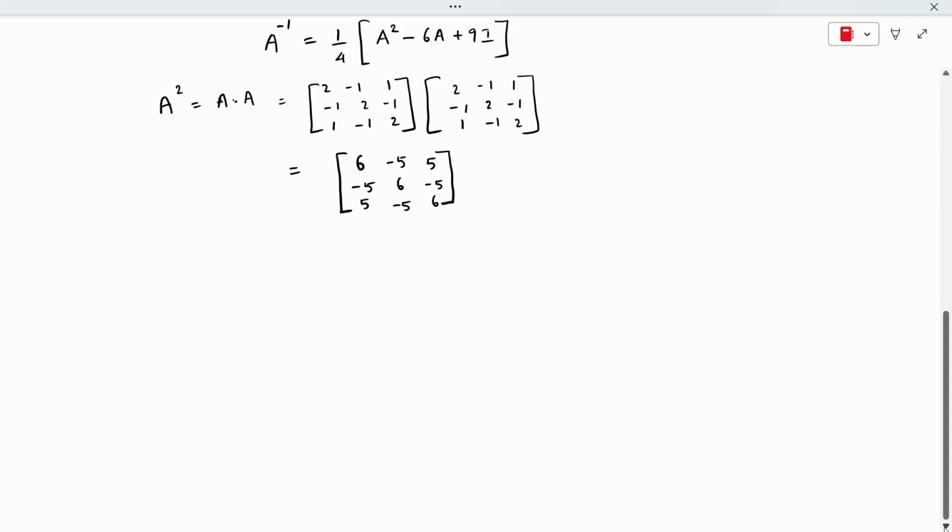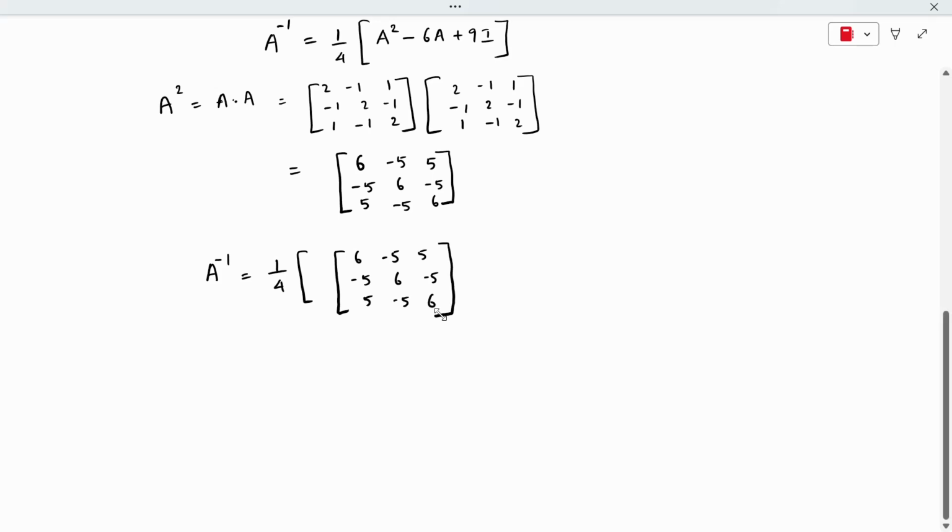Now I have to calculate A inverse. It's nothing but 1 by 4 into the A squared value. Substitute A squared as it is: 6, minus 5, 5; minus 5, 6, minus 5; 5, minus 5, 6.